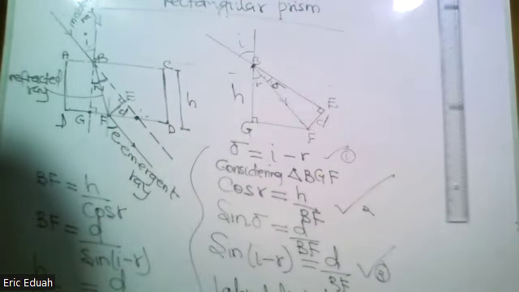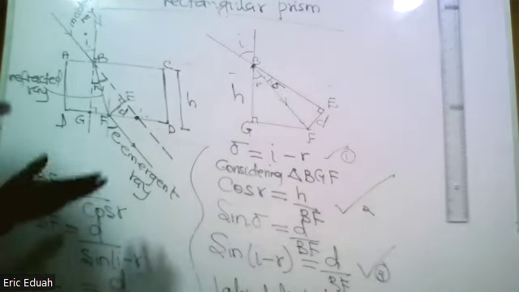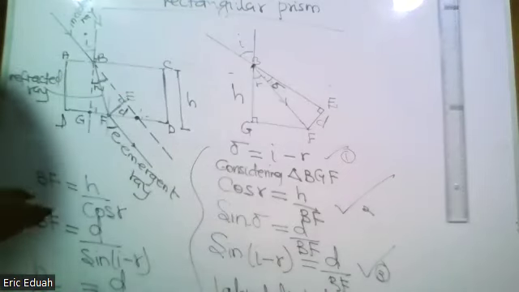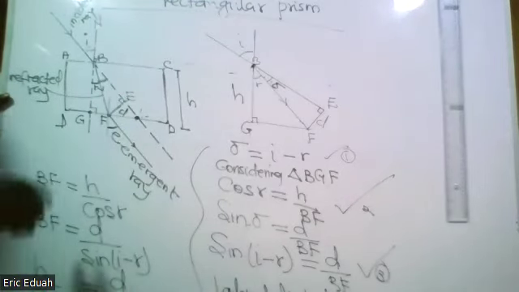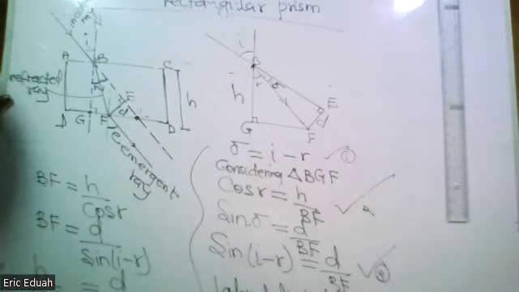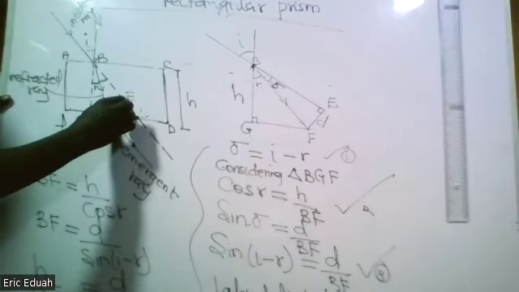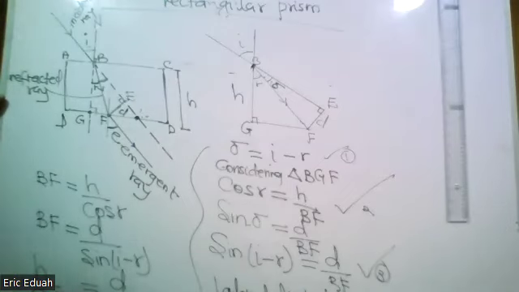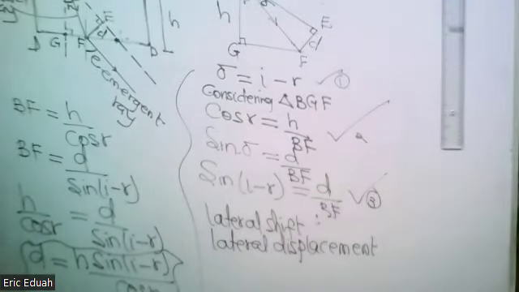If you want to get how much it is shifted horizontally, that is what we technically call lateral. You are biology students, so lateral. That is the expression for D.